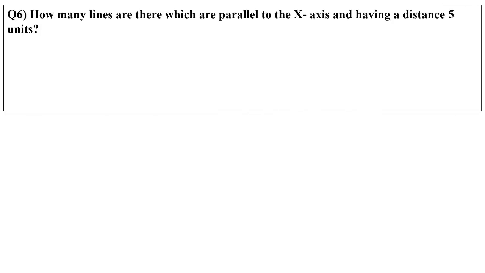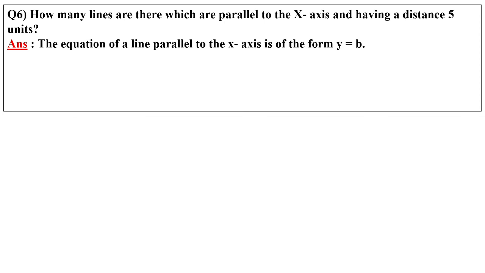Now, student, we will move to question number 6. It is given, how many lines are there which are parallel to the x-axis and at a distance of 5 units? The equation of a line parallel to the x-axis will be in the form y equal to p. If you see the question here, it is not mentioned whether the line is above or below. It means it can be above also, it can be below also.